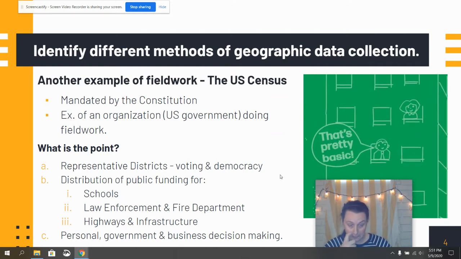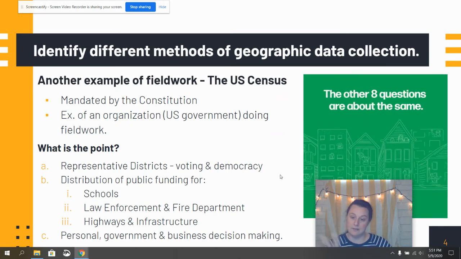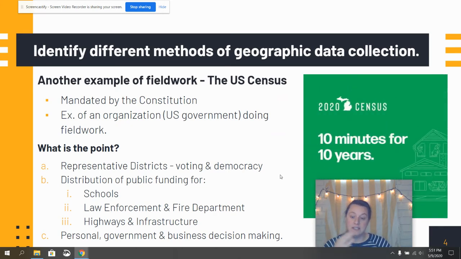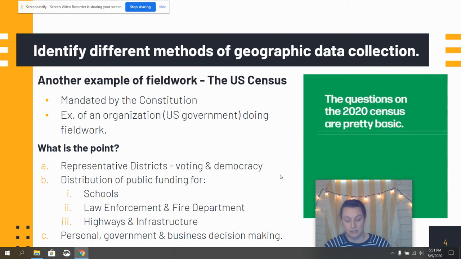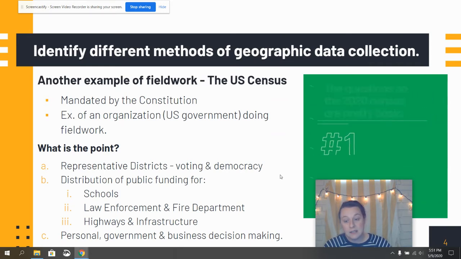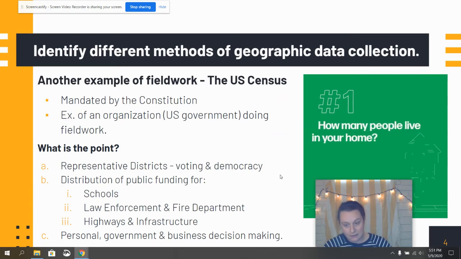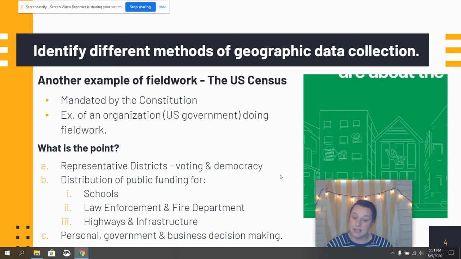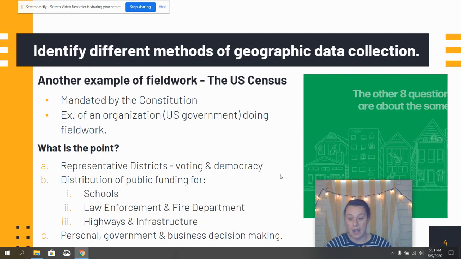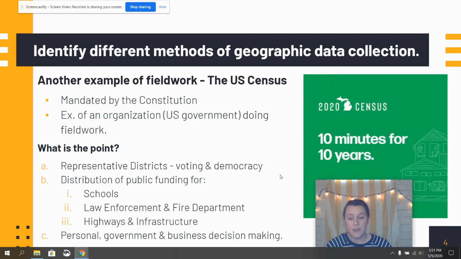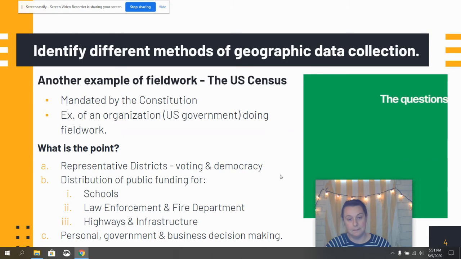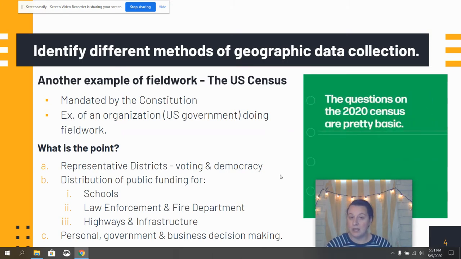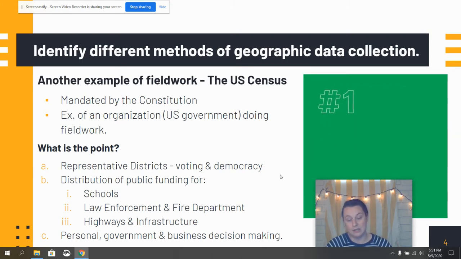Well, three major things. First is the census is what is used to determine our representative districts. Now, our representative districts is basically how we vote for not only our state representatives, but also our federal representatives. So that's one example, and we'll get more into that when we get to the political unit.